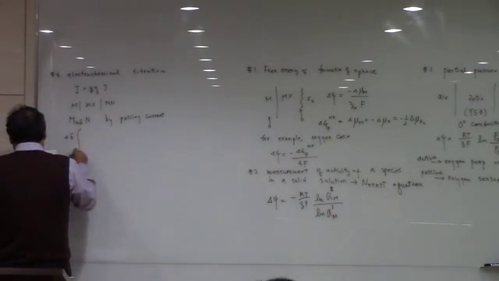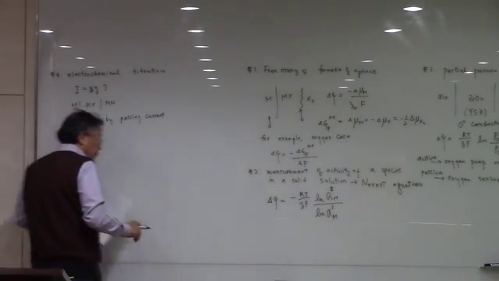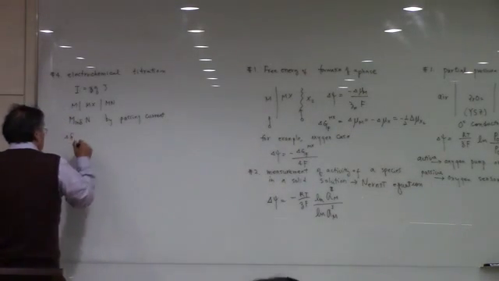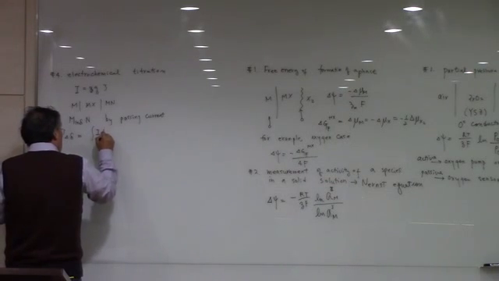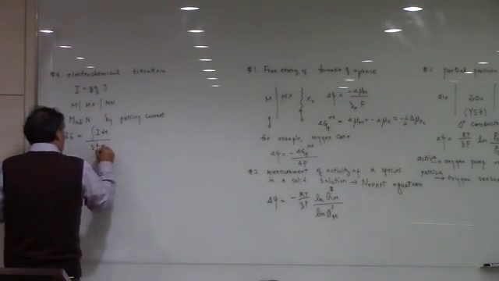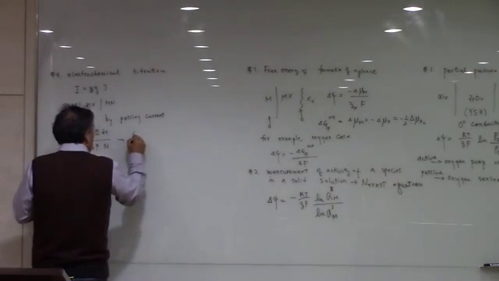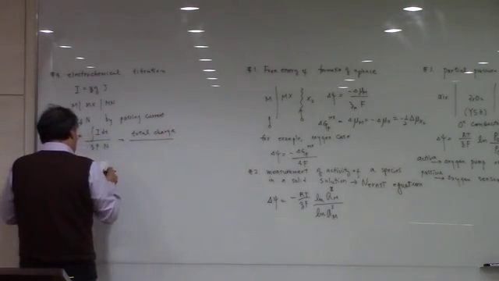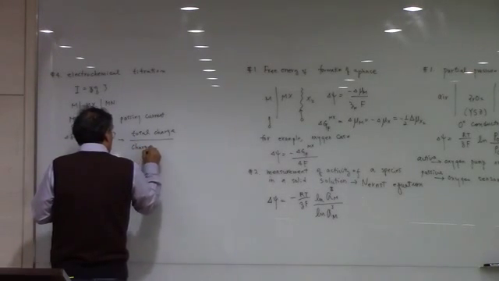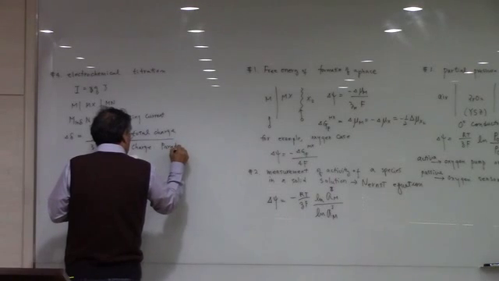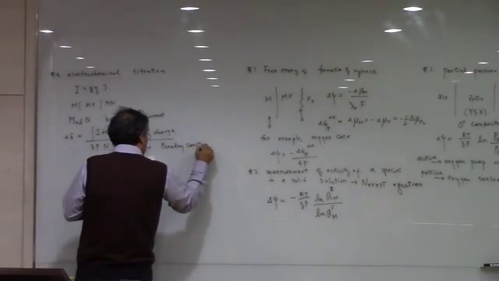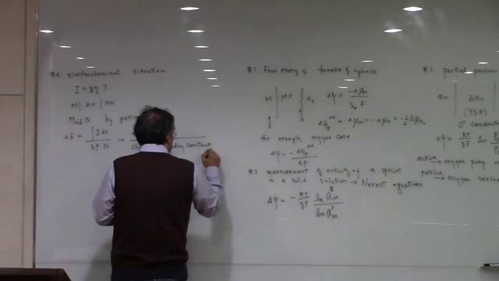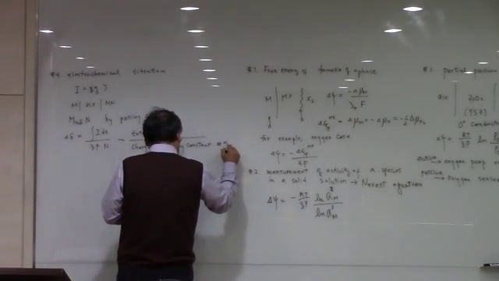Here the delta is going to be I dt over ZFN, okay? Total charge and number of moles.